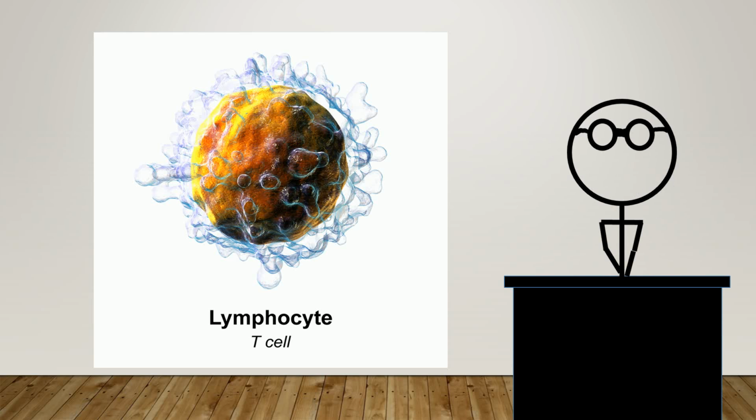Now all T lymphocytes have a T cell receptor on the membrane of their cell surface. This is composed of two polypeptide chains that are in many ways similar to the short arms of antibodies. The difference is the T cell receptor never binds to free-floating antigens, but only to cell surface receptors that have an antigen already bound to them.